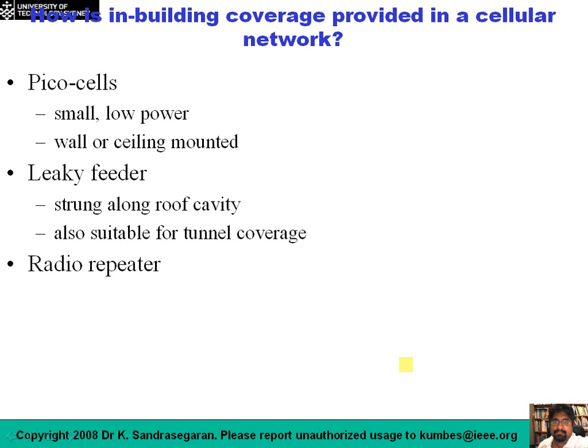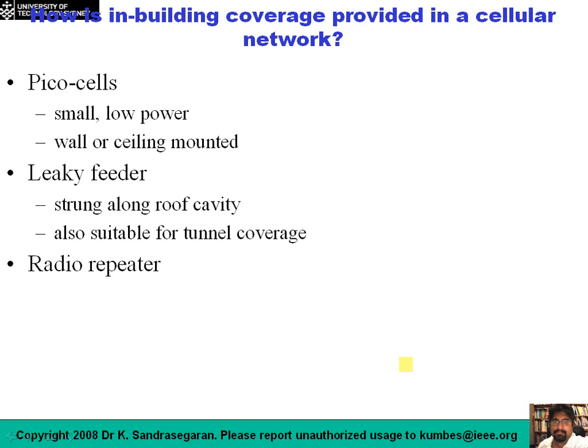And sometimes you could have something called a leaky feeder, essentially a feeder through which electromagnetic waves can leak out, running above the wall or above a fake ceiling, and that can radiate enough electromagnetic waves so that people in this area could get coverage from that. And these are also used for tunnel coverage.